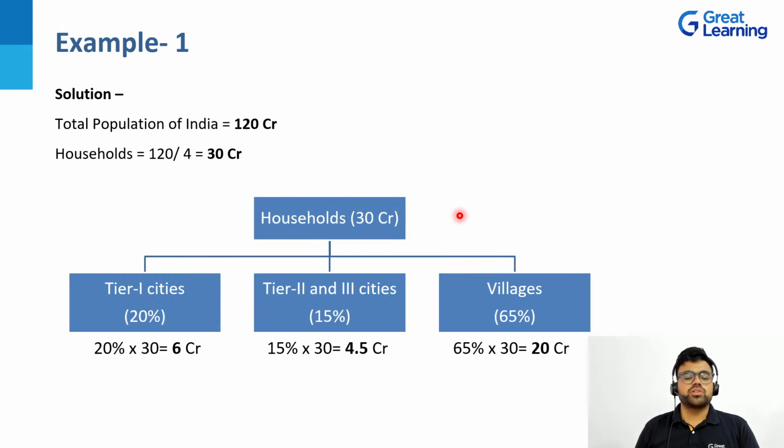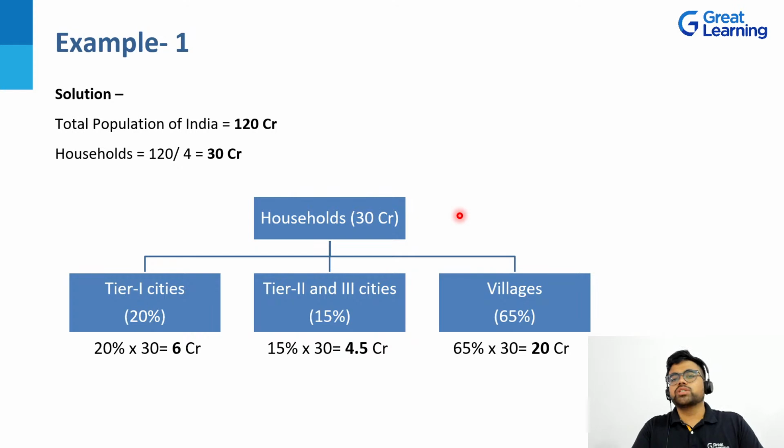That is 65% households that we are assuming, that the majority of the Indian population stay in villages, that is tier 4 and tier 5 cities. Then a reasonable amount of households stay in tier 2 and tier 3 cities, the cities that are less populated. Then we'll assume that 20% of the households stay in tier 1 cities.